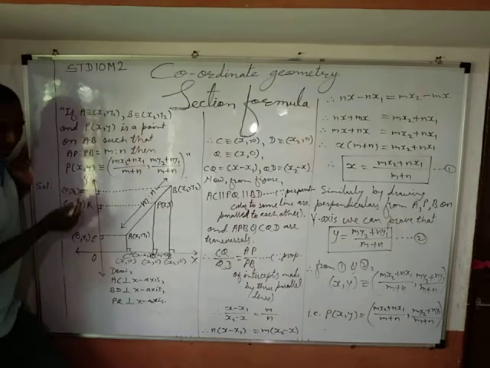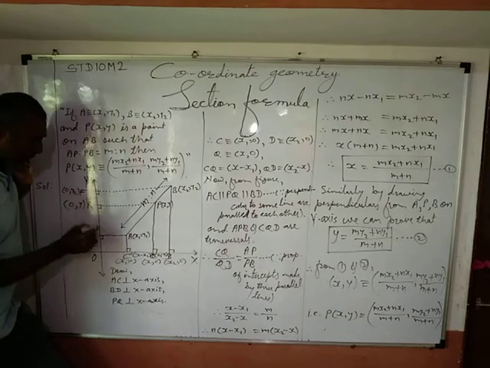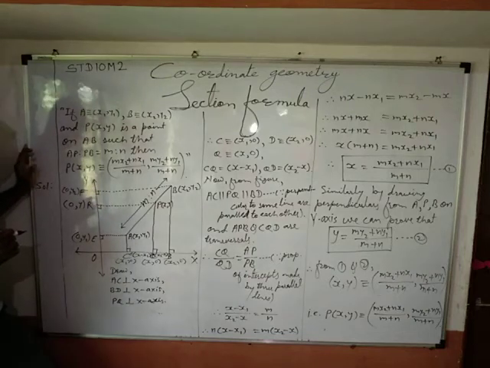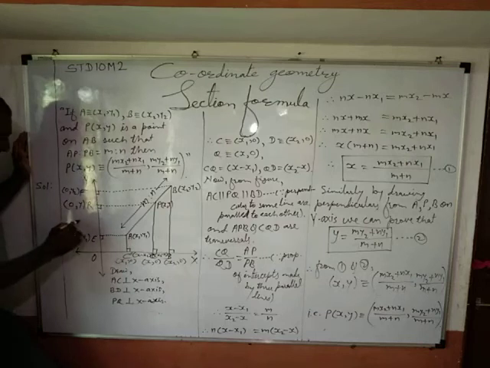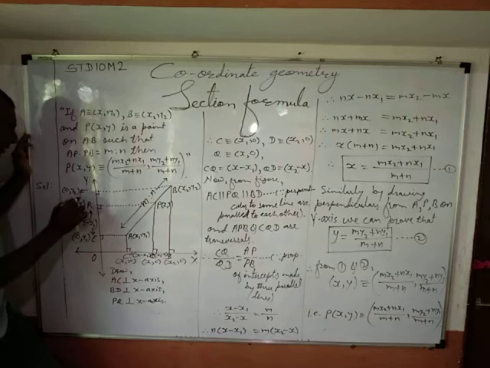Okay. Because these are the feet of perpendiculars on y-axis, their x coordinates are 0. Distance ER is the difference between their y coordinates, means y minus y1. Similarly, distance RF will be y2 minus y.